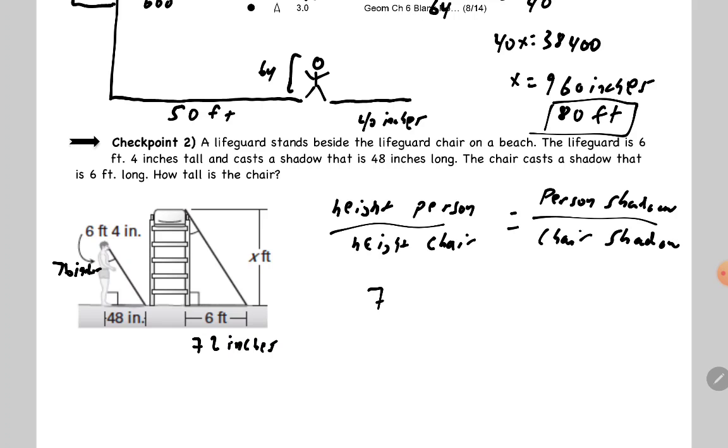So height of the person is 76. Height of the chair is, we don't know. Length of the shadow of the person is 48, and then 72 for the chair.